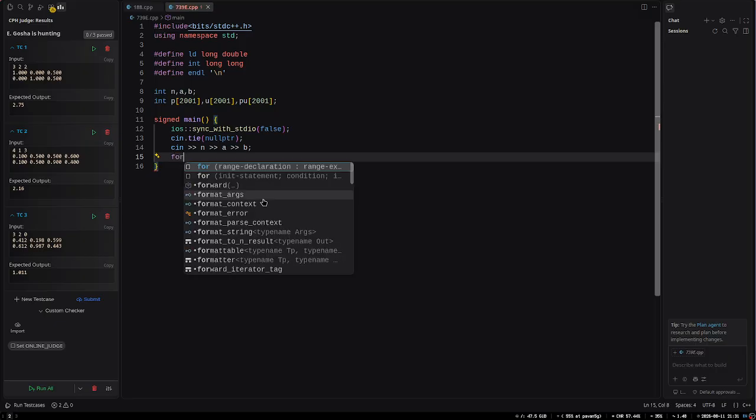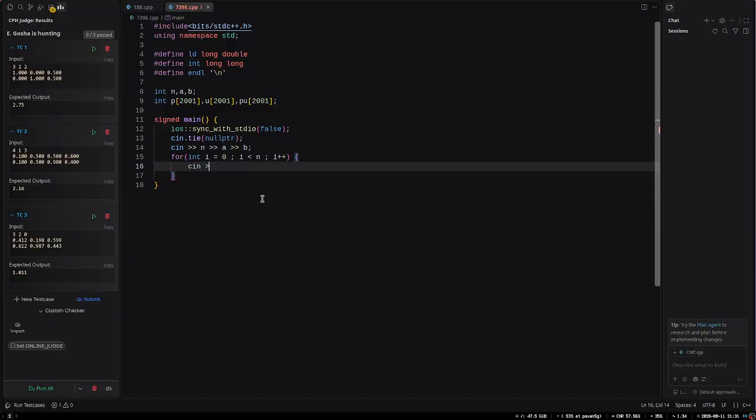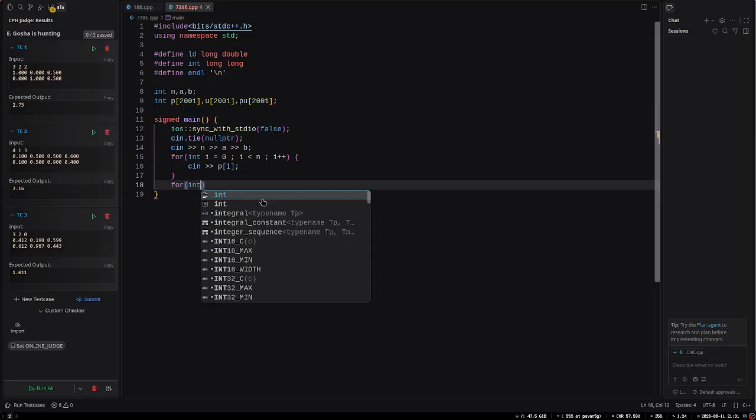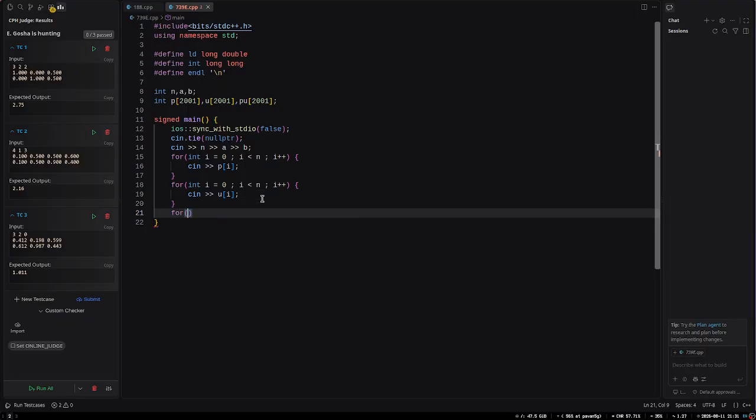So for int i equal to 0, i less than n, i plus plus, cin P of i. For int i equal to 0, i less than n, i plus plus, cin U of i, which is the probability with Ultra Ball.